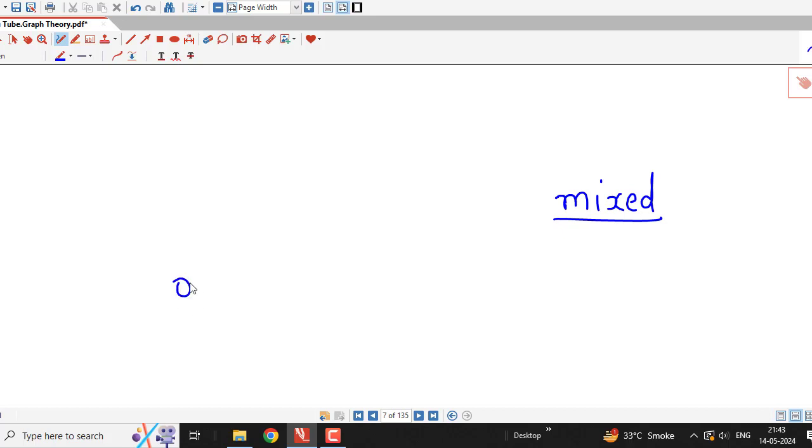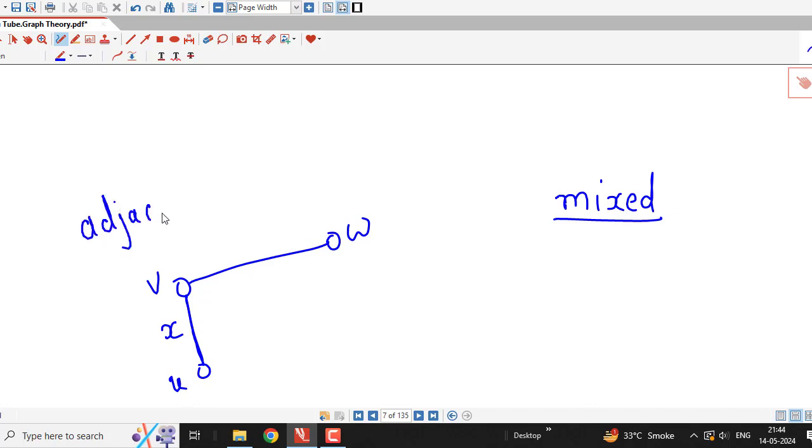Similarly, if we have an edge connecting different nodes, suppose U and V are connected by an edge, then we say that U and V are adjacent nodes.